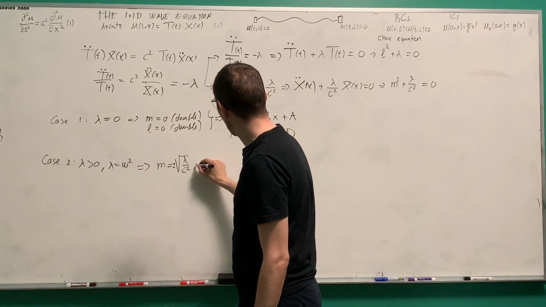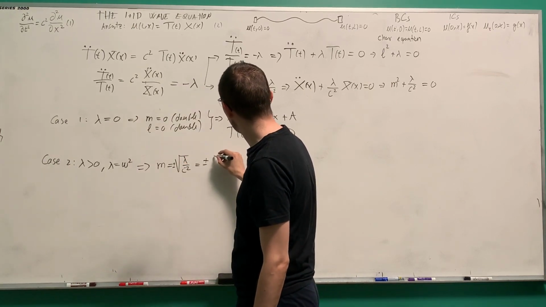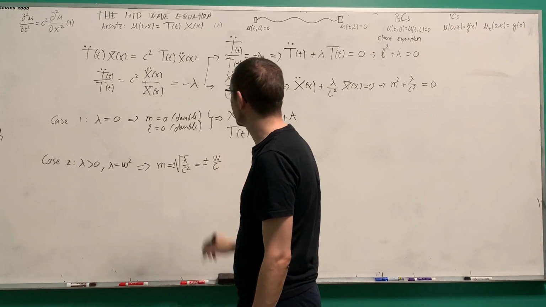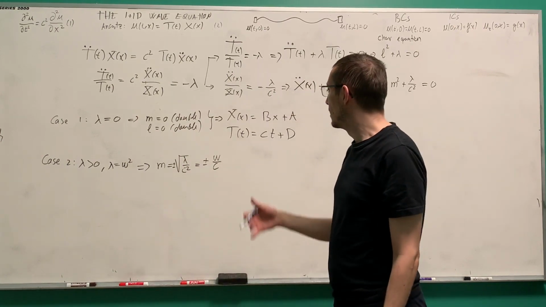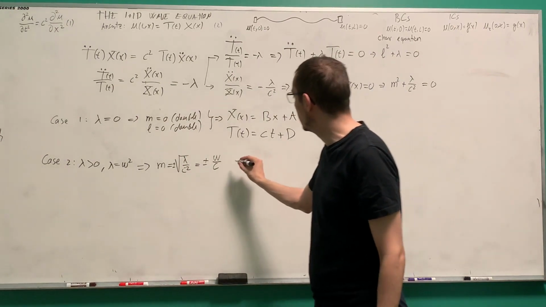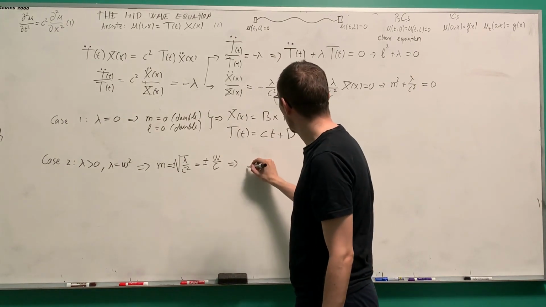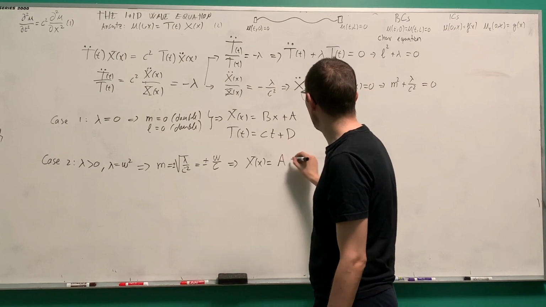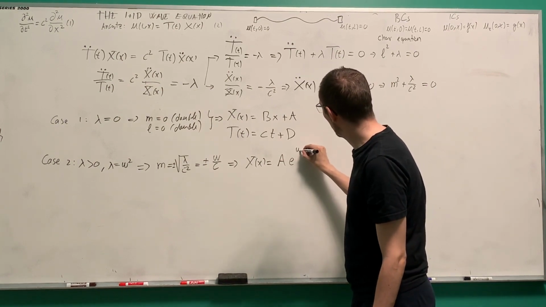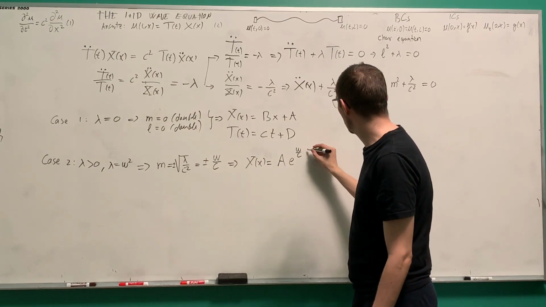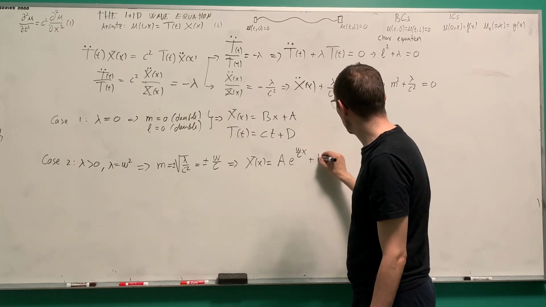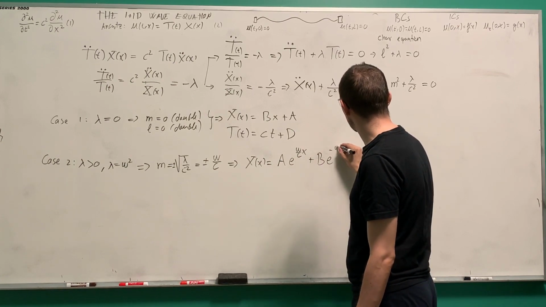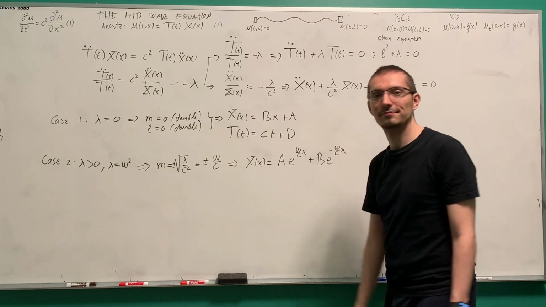Okay, two roots. So there are two roots, and that means that the solutions are of the form X of x equals a e to the omega over c x plus b e to the minus omega over c x.